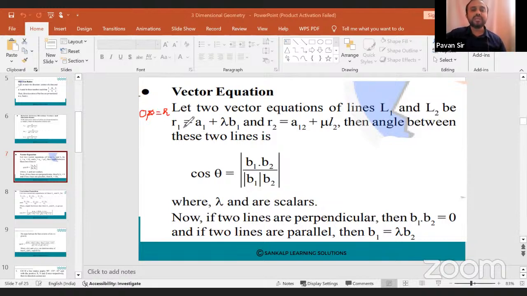So r1 is a1 plus lambda b1, and r2 is a2 plus mu b2. The angle between these two can be decided as cos theta is equal to mod of b1 dot b2 upon mod b1 into mod b2, where lambda and mu are scalars.